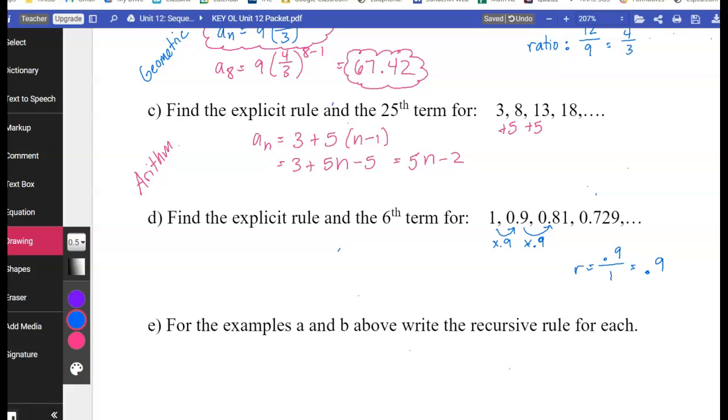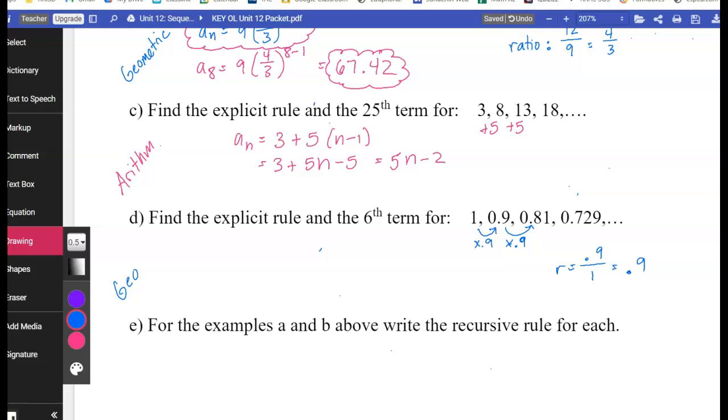So, is this geometric or arithmetic? Geometric, good. And this time we do a sub n is equal to the first term, which is 1, times the ratio raised to n minus 1.